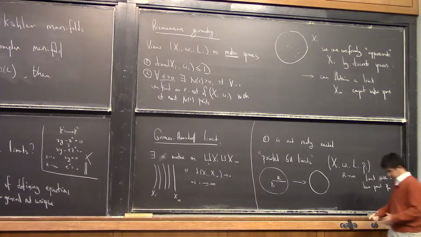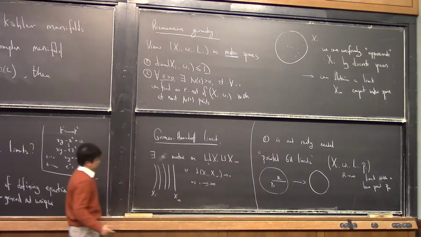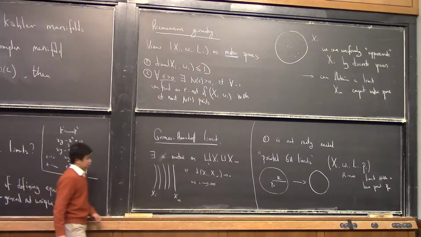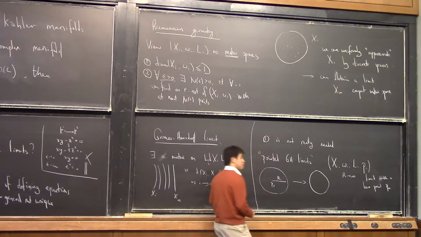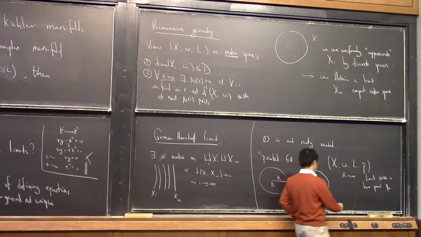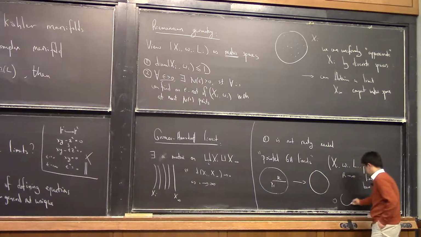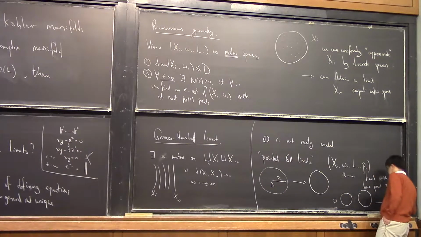You can think of this: if you expand a circle, and you fix a point on the circle, then the limit will be a line. You choose a base point, and the limit is a line.